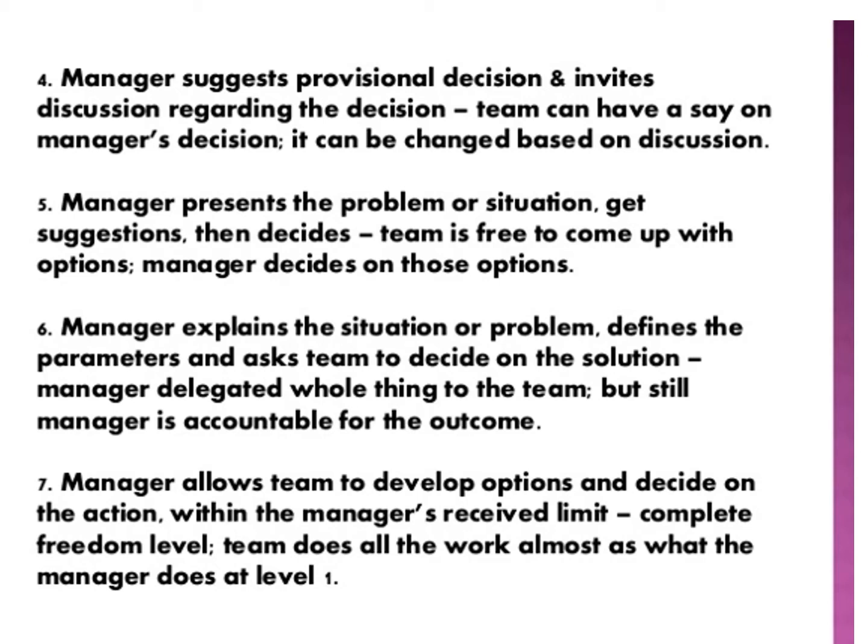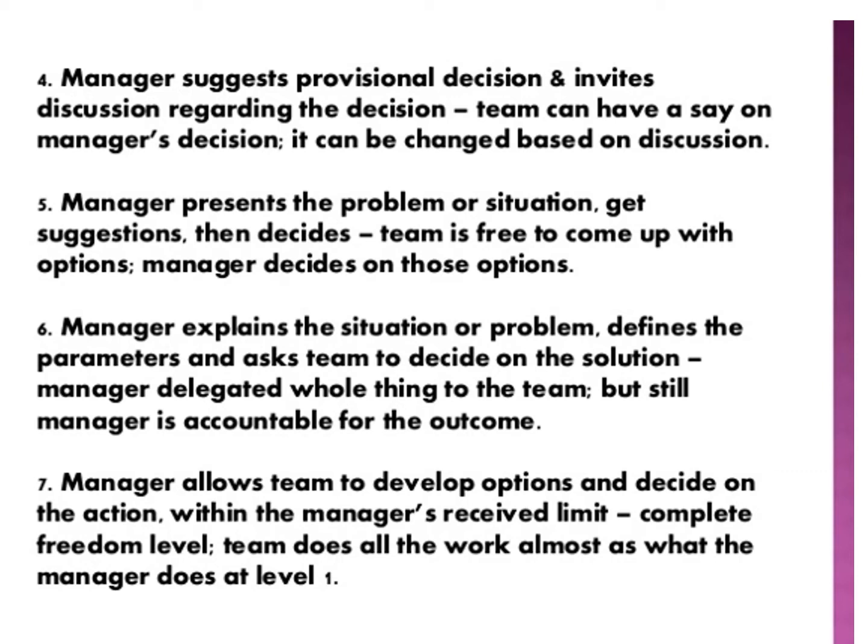Number 6 is delegates. The manager explains the situation or problem, defines the parameters and asks the team to decide on the solution. So the manager is providing all freedom to employees to decide on a solution. The manager has delegated the whole thing to the team, so responsibility has been passed down, which is a big responsibility.